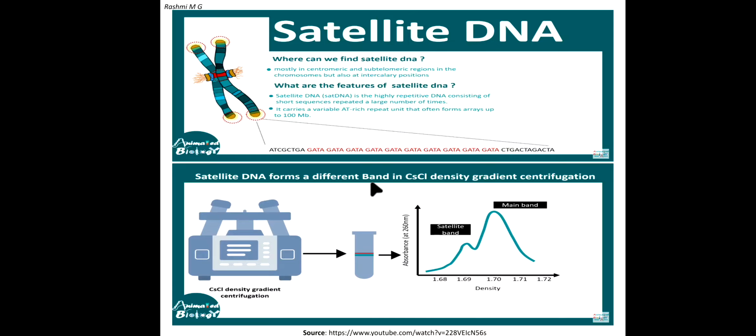So satellite DNA forms a different band in cesium chloride density gradient. After the centrifugation, it forms two bands, that is the main band and the satellite band. The majority is the main band and a smaller part is the satellite band.